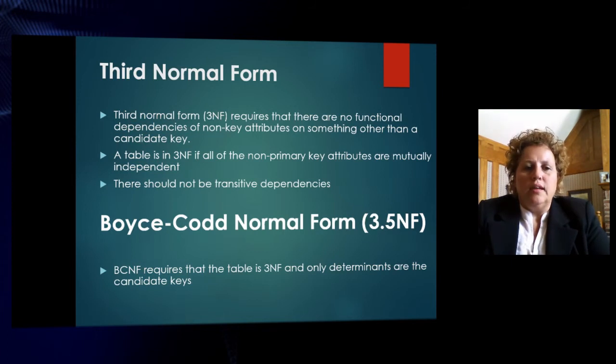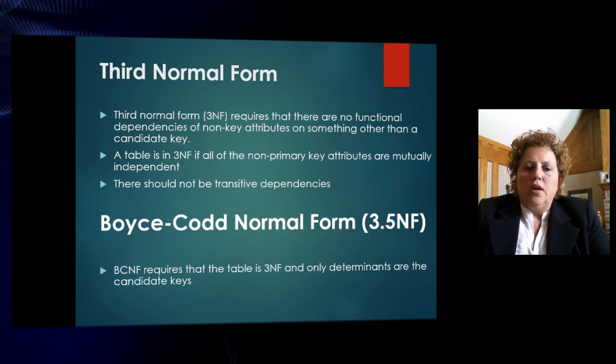So let me say that again. A table is in third normal form if all of the non-primary key attributes are independent. And then again, there should not be any transitive dependencies, meaning one is more dependent on the other.